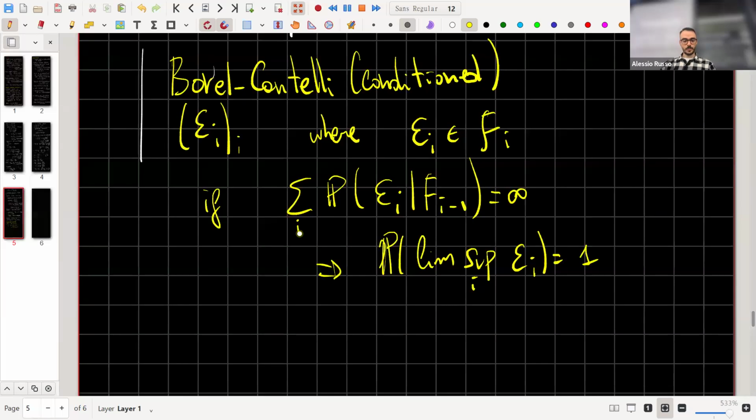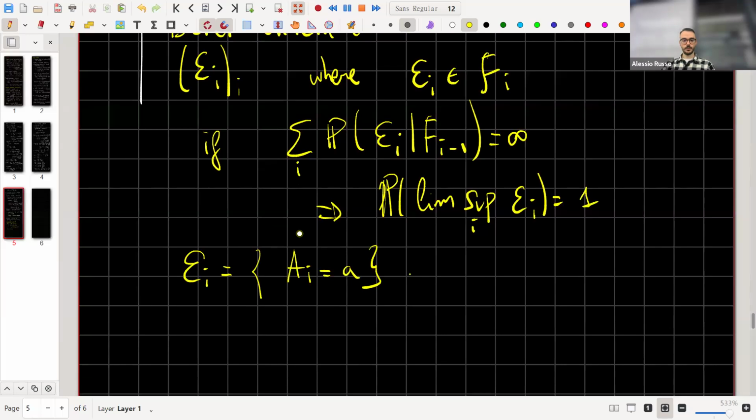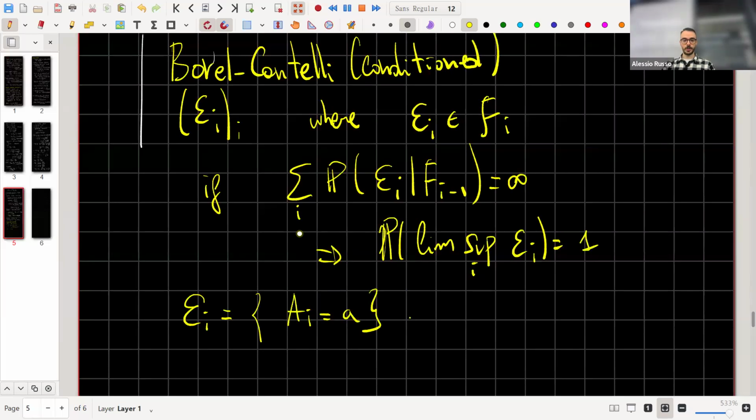So now let's say we choose E_i to be the event that in round i, we choose arm A. So what is the probability here that in round i, we choose arm A?